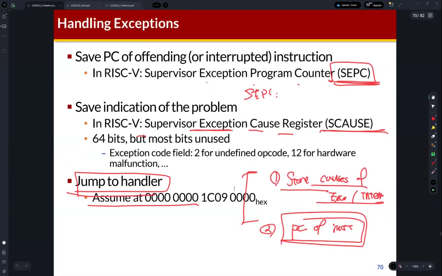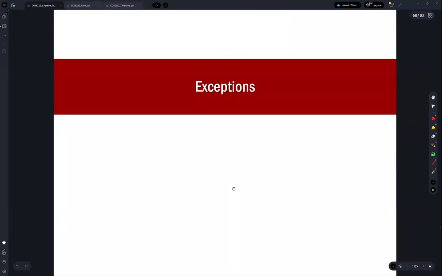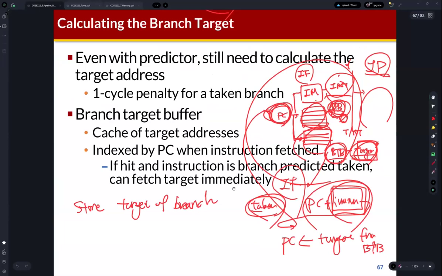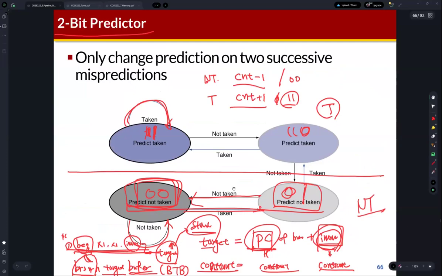So we learned about branch prediction and exceptions in the previous class, right? Using branch prediction, we can predict the future result of branch instructions. You need to understand how the branch predictor works, right?